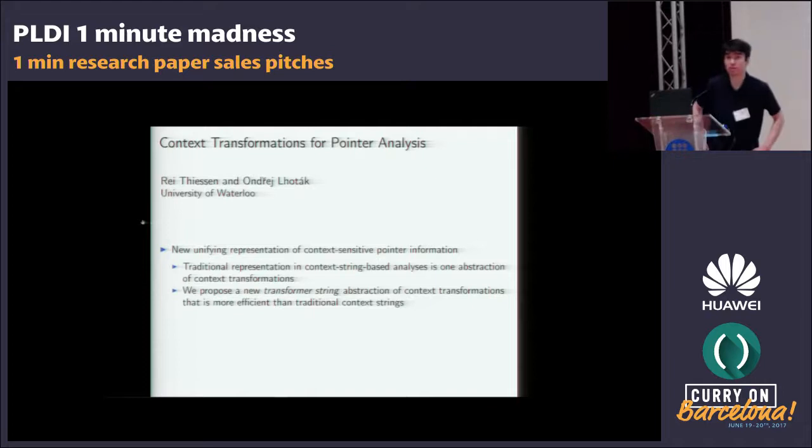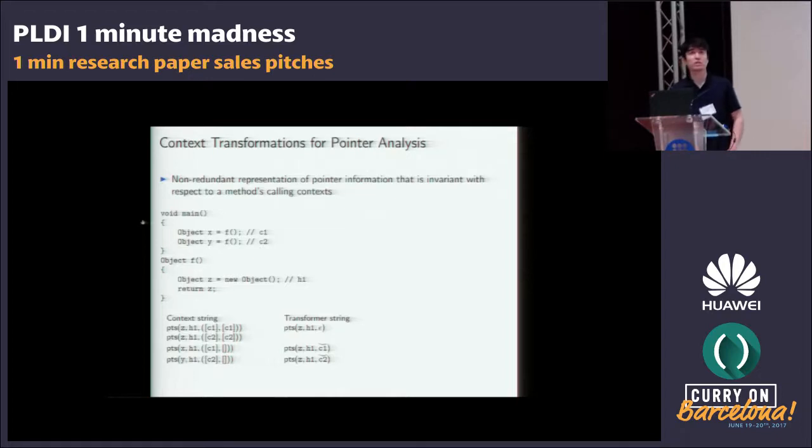Hi, my talk is about context-sensitive pointer analysis. In a context string-based approach to pointer analysis, data flow facts are tagged with strings that describe how the method is invoked. The problem with this approach is that local data flow facts, or facts that are invariant with respect to a method's caller, are enumerated redundantly.